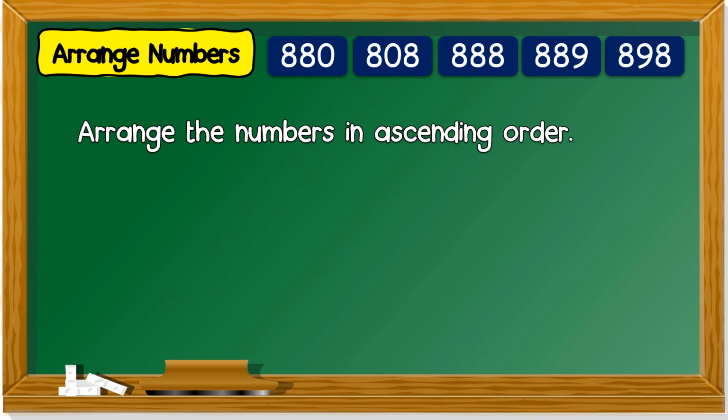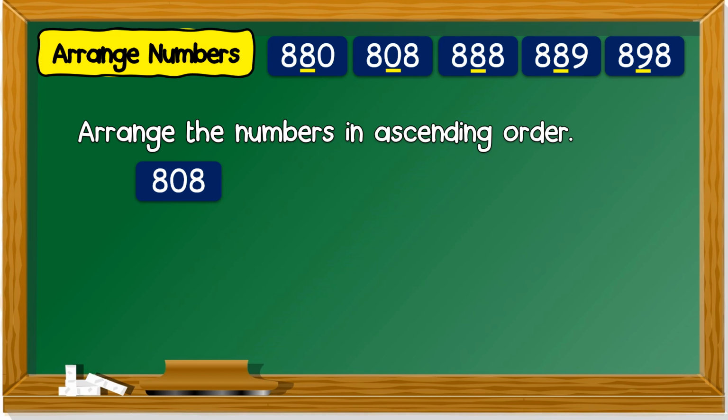We look at the hundreds. Wow, all are 8, so we cannot compare. We look at the tens. 8, 0, 8, 8, and 9. Yes. The smallest one is 0. So the smallest number here is 808.